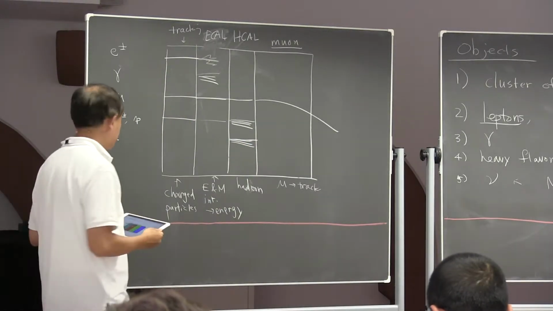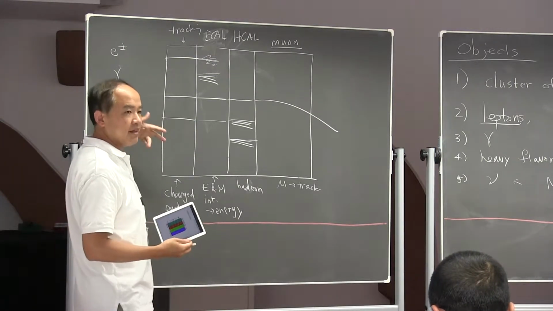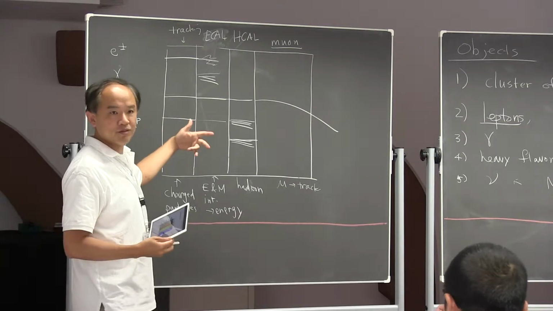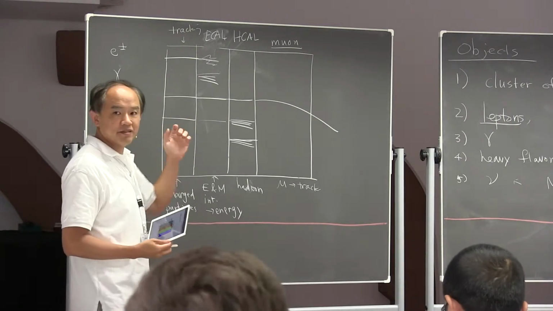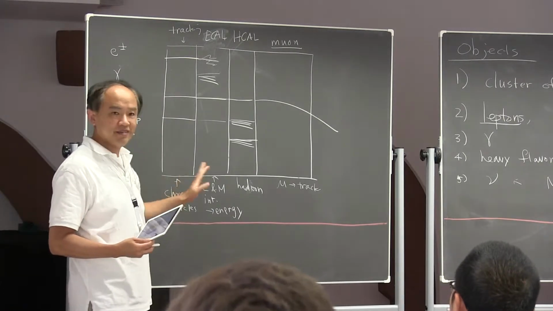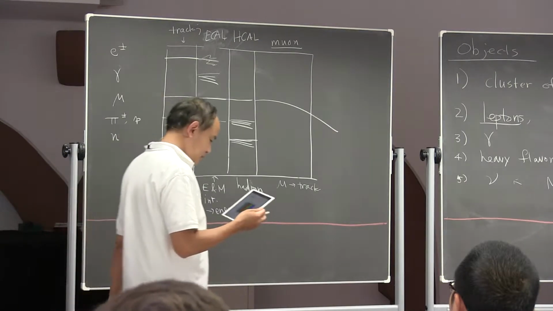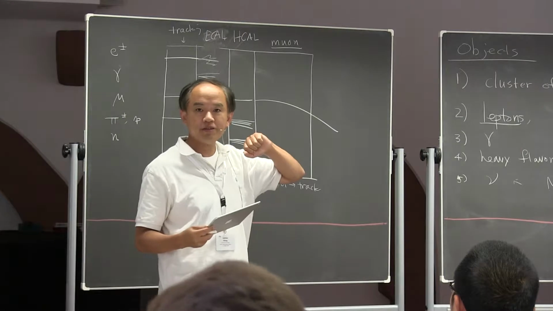But these are all part of a jet. Usually identifying just a pion or proton is not very useful because you cannot really calculate from QCD the number of pions you have, a particular pion momentum, and so on. These are not quite calculable. So these are basically the way we identify objects.